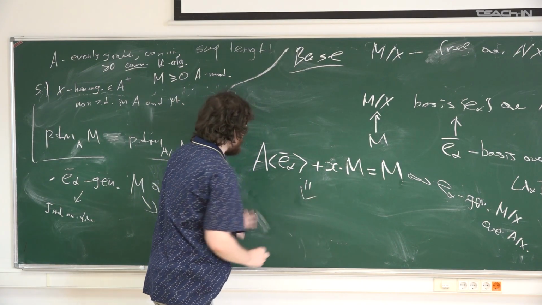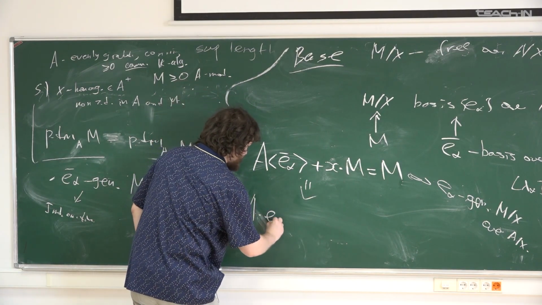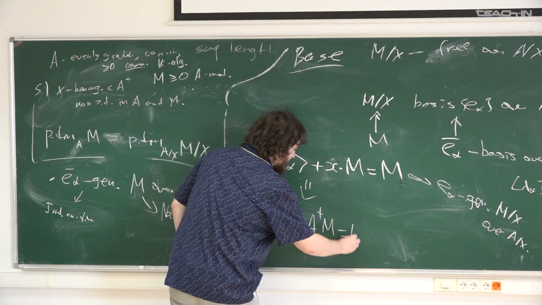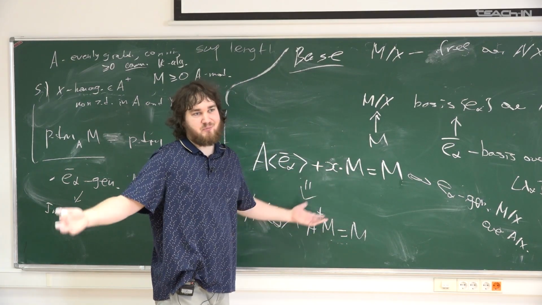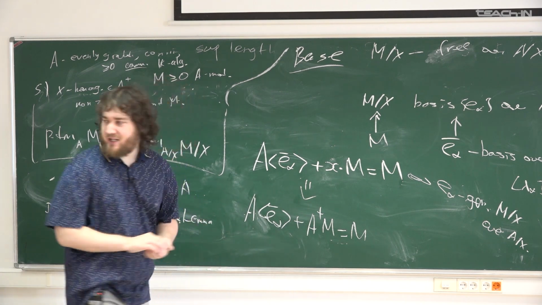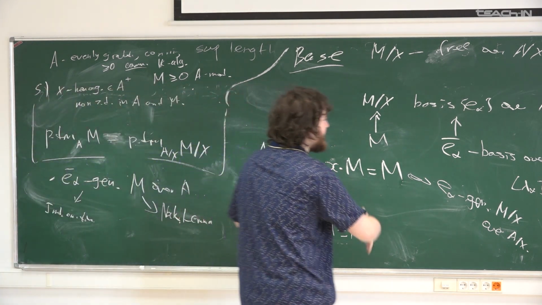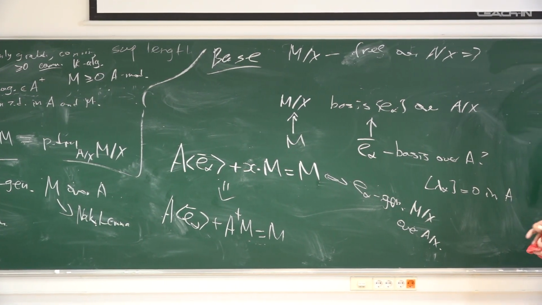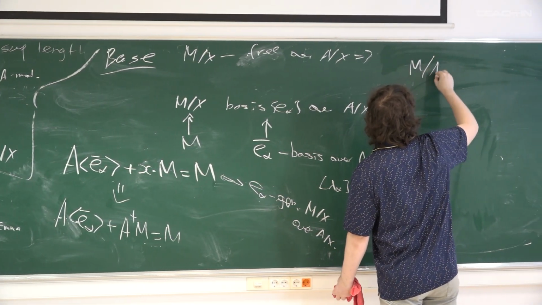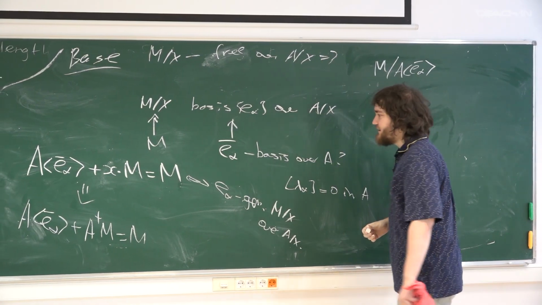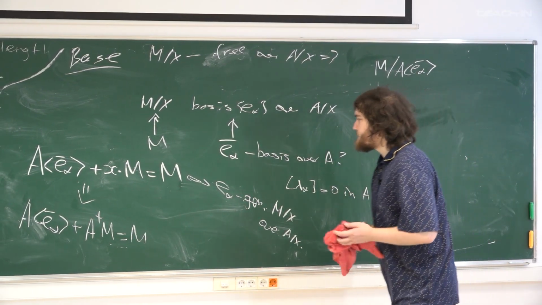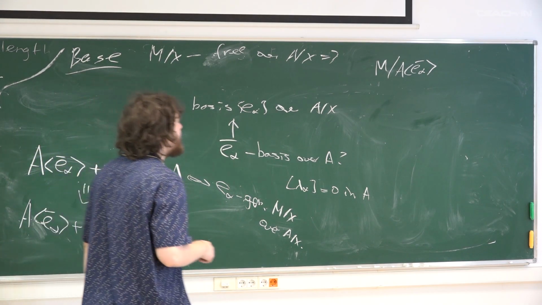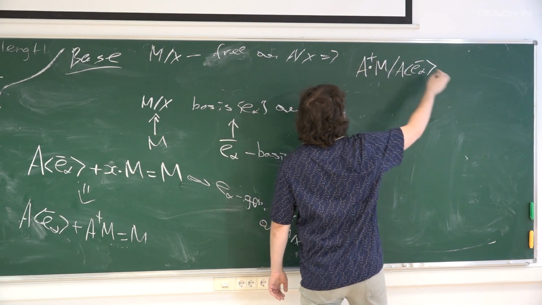From this it follows that, in fact, if I consider not modulo x, but modulo all A plus M, it's also M, because it's not less than M, and it's not greater than M, because we have... Here we can use Nakayama lemma, because this equality already means that if I consider the quotient modulo my submodule, it coincides with itself.